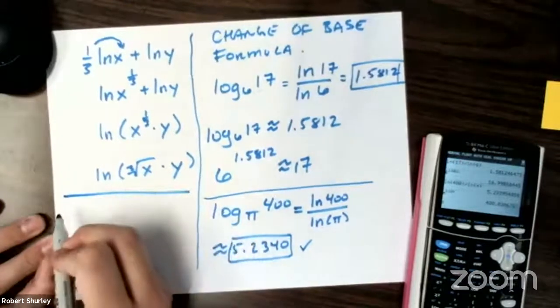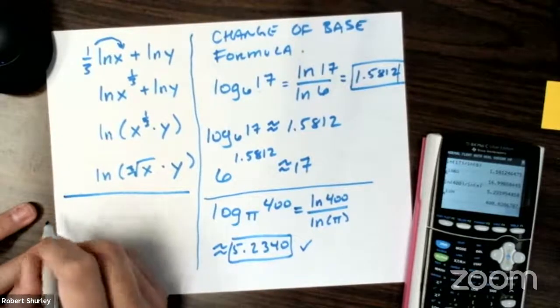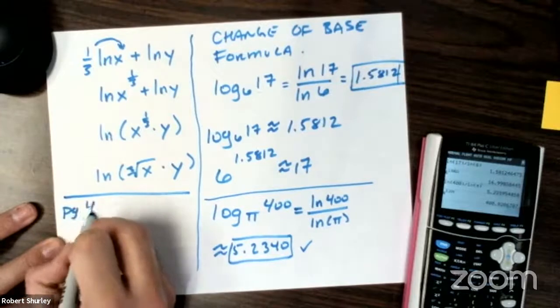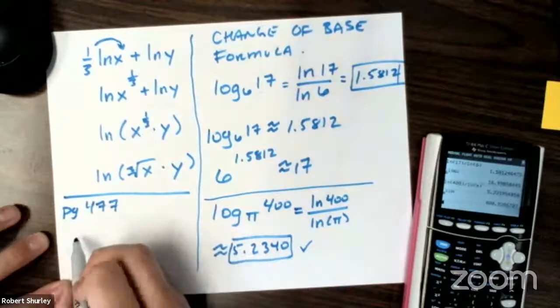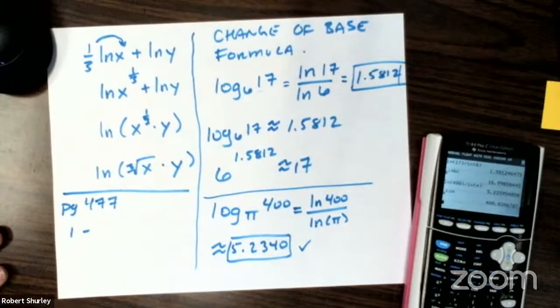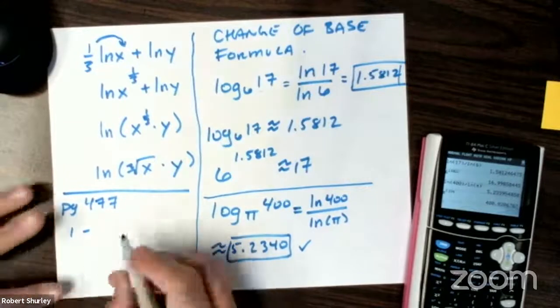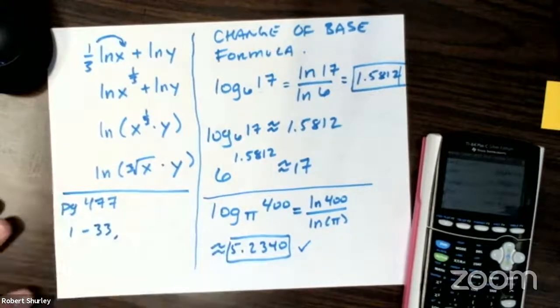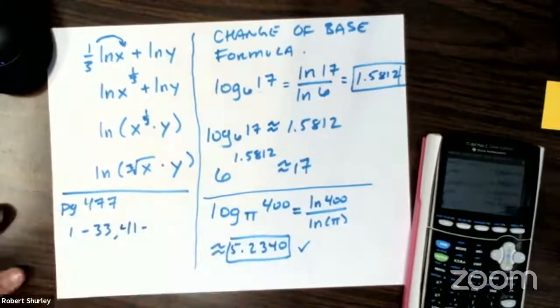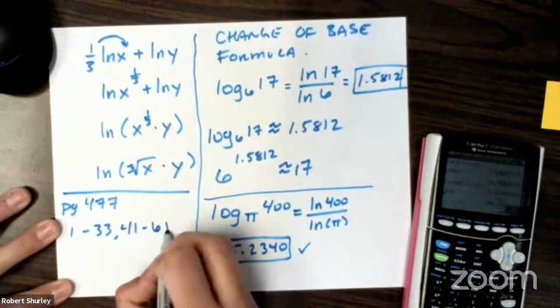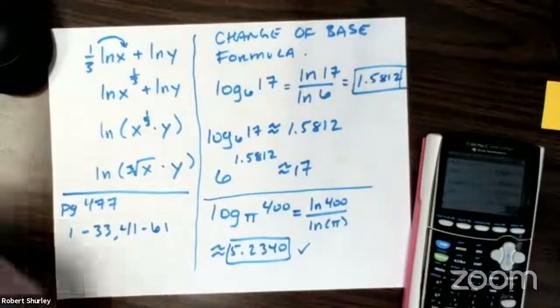Anyway, if you have the book, you can look at it. But for homework, it starts on page 477. Actually, it's going to end on page 477 too. 1 through 33, and then 41 through 61. And then I need you to hit 71 through 77.